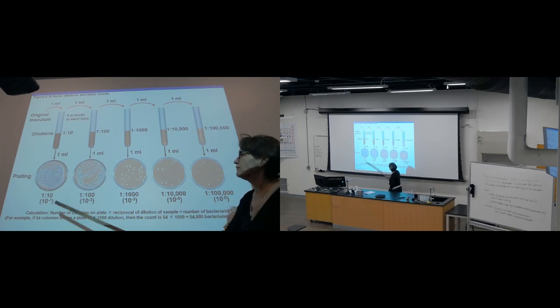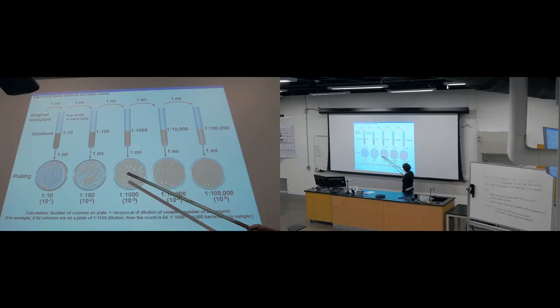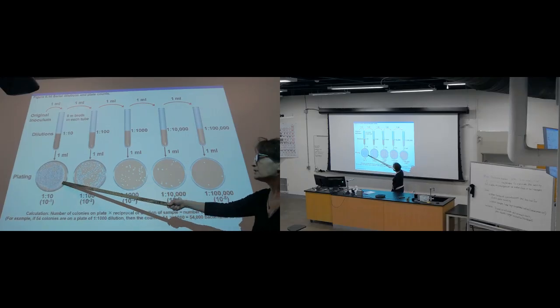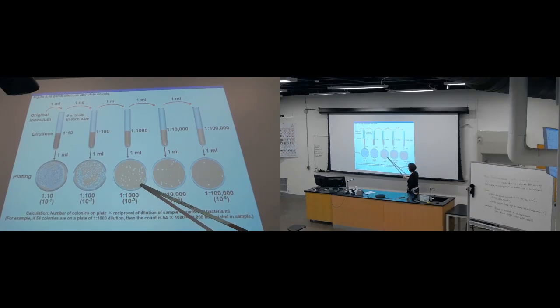But this is the inverse of the actual dilution. So this one has a lot of bacteria, it's hard to count, this one as well. And in here, in this 10 to the minus 3, you actually have 54 colonies. These 54 colonies you can count.